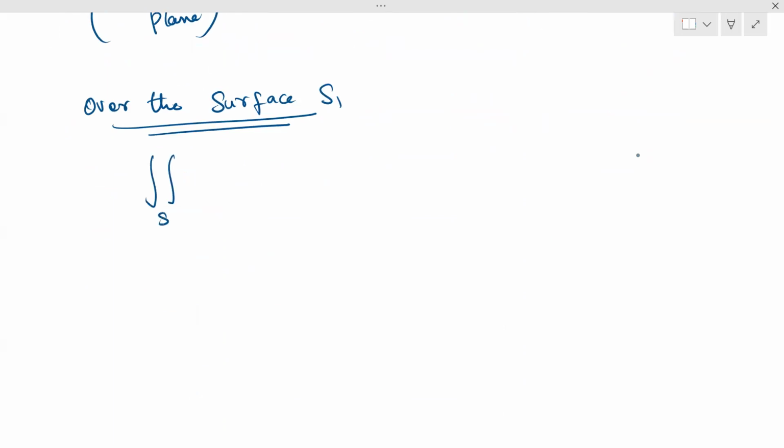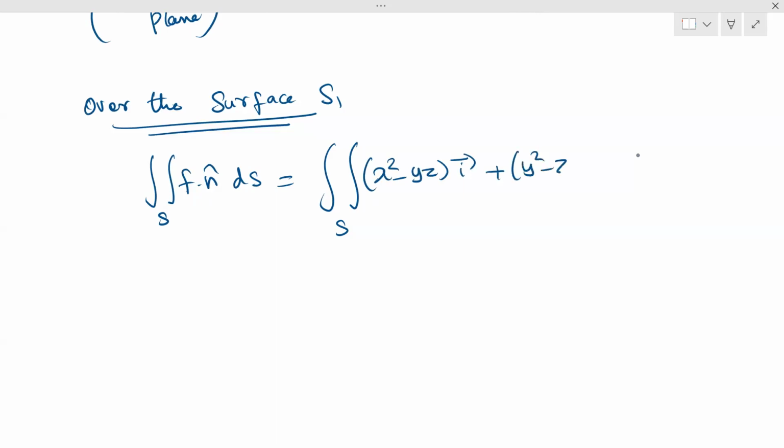So double integral over S of F dot n cap ds equals double integral over S of F dot n cap. What is the F vector they have given? F vector is (x square minus yz) i plus (y square minus zx) j plus (z square minus xy) k, dot n cap.